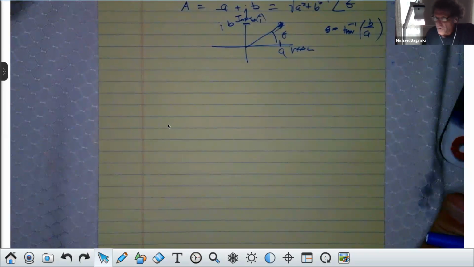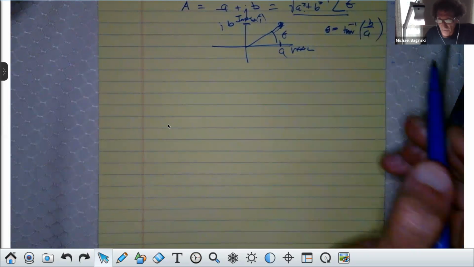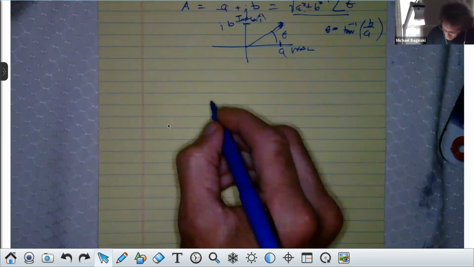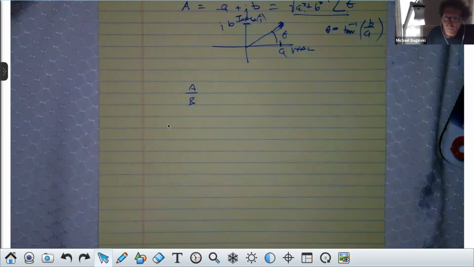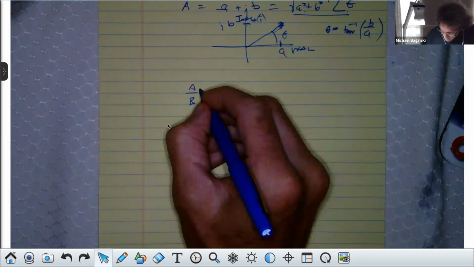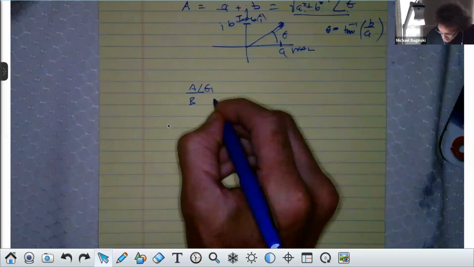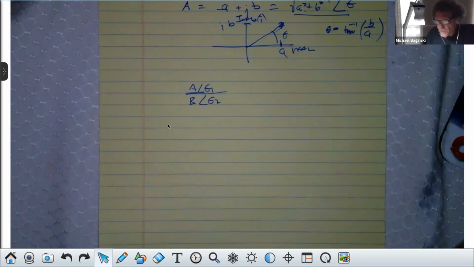Now, a question was asked, well, how do you do division and multiplication? I prefer to work with polar coordinates, just magnitude and angle. So if we have polar coordinates, suppose I wanted to know what A over B is, I'll give you a concrete example. Say A had an angle of theta 1, and then B has an angle theta 2. A and B are simple magnitudes.